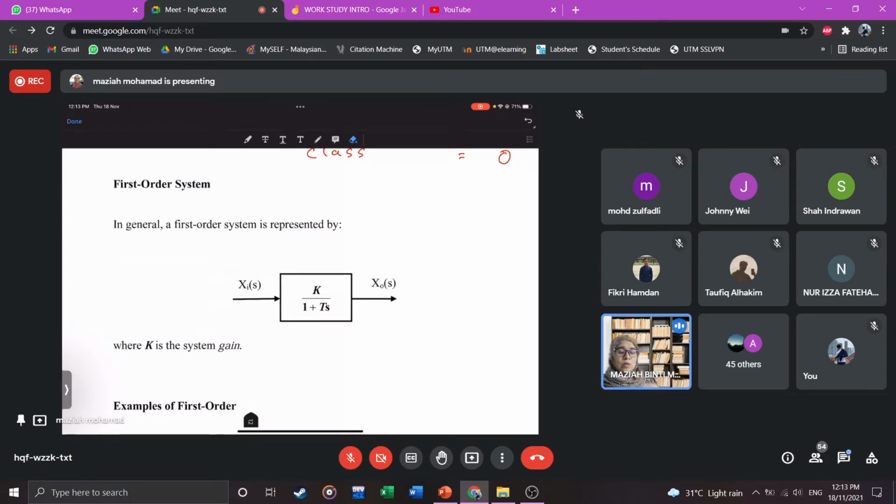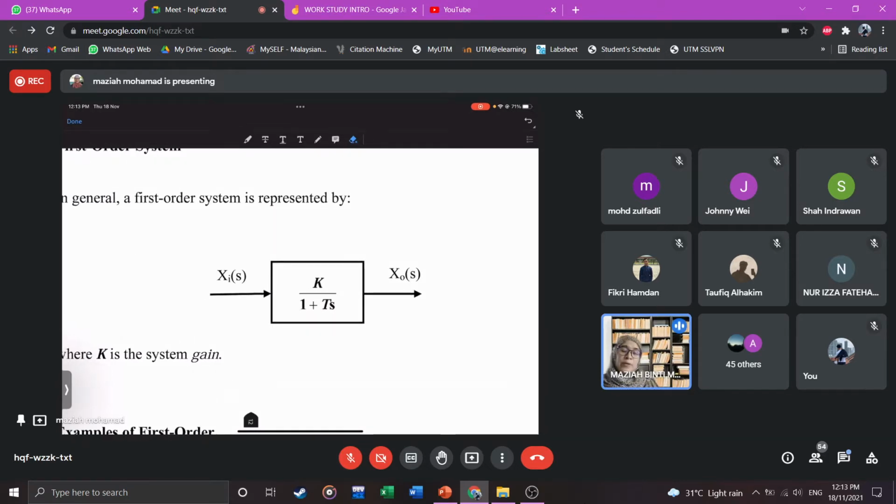After you have learned about first order and second order, if you know the system is a first order system, you should know how it will behave. There are characteristics that you can know about first order and second order systems.